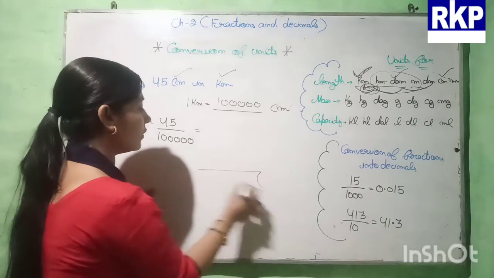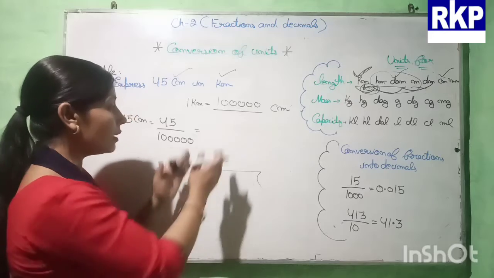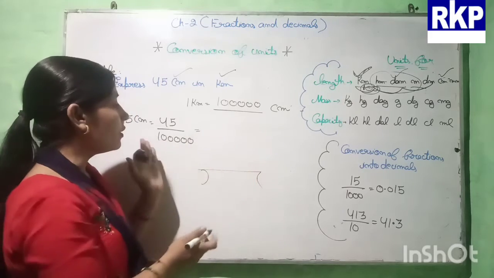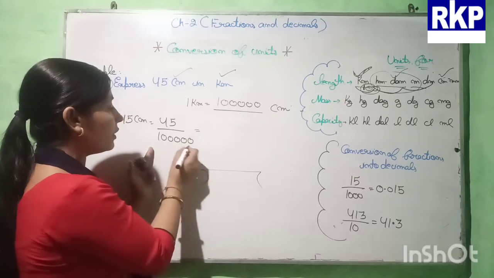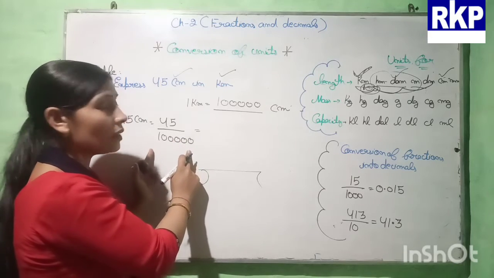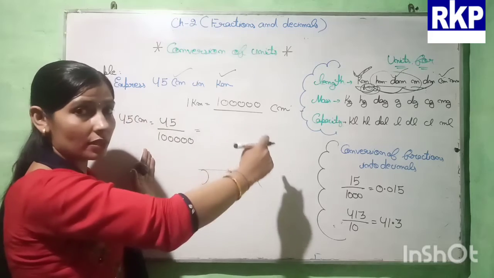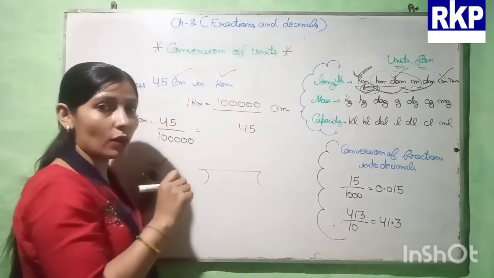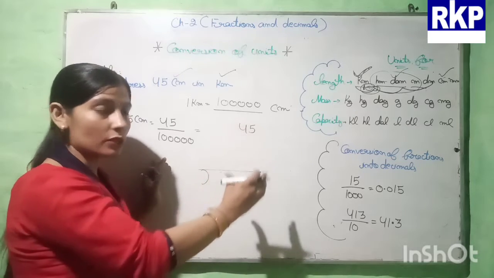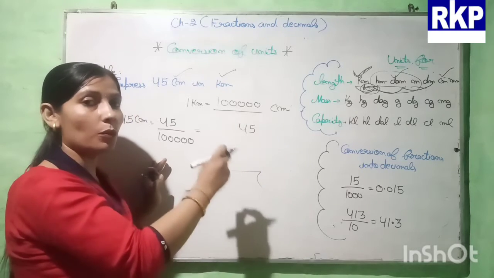You can divide like this, or you can write the answer directly. We have already discussed this topic. Here we are having 5 zeros. So how can we convert this fraction into decimal? First we will write the numerator as it is, and now we have to leave 5 digits from the right side, and then we put the decimal point.